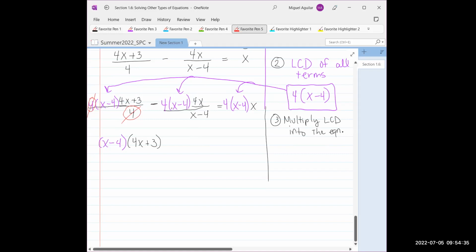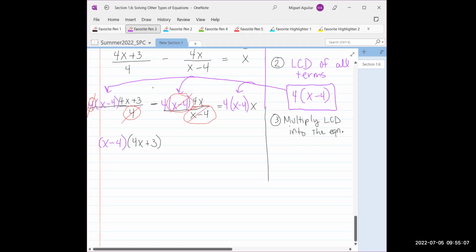Would it be the -4? It's not the -4, but I think that you're on the right track here. If you're looking at this x minus 4 here, that whole polynomial, and this x minus 4 here, those are a common factor, right? They're the same. If those are the same, then we can cancel those out, because x minus 4 divided by itself is 1, so we say that cancels.